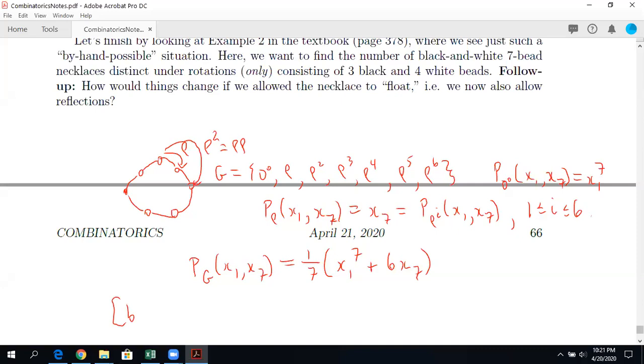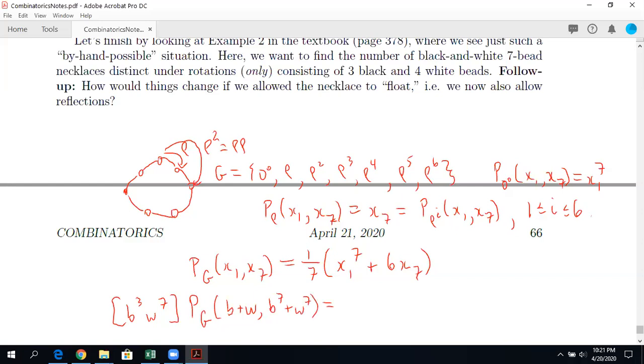So I want the coefficient of b to the 3rd, w to the 4th in the cycle index polynomial. x1 is going to be b plus w. What about x sub 7? That's b to the 7th plus w to the 7th. That's what we replaced that with.